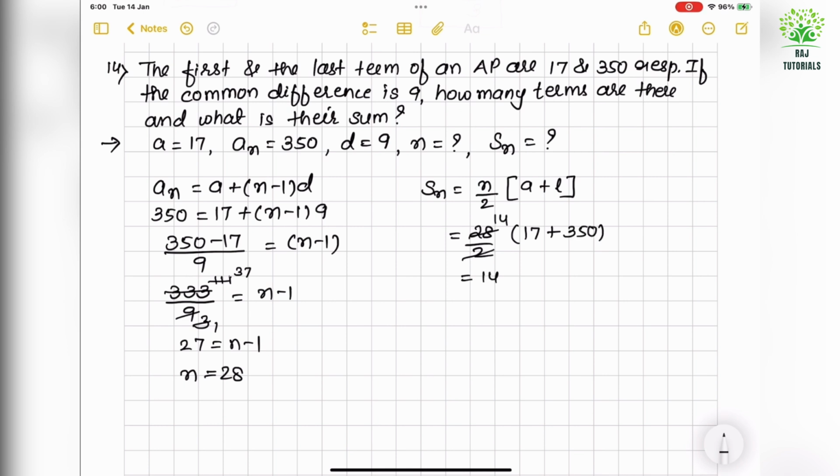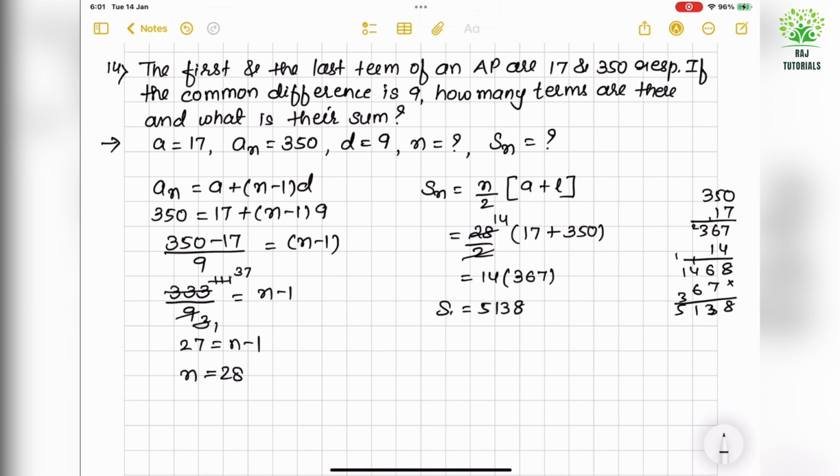So 367. Now 367 into 14. So I am getting 5138. So Sn equal to 5138 and n equal to 28. Both the answers I have.